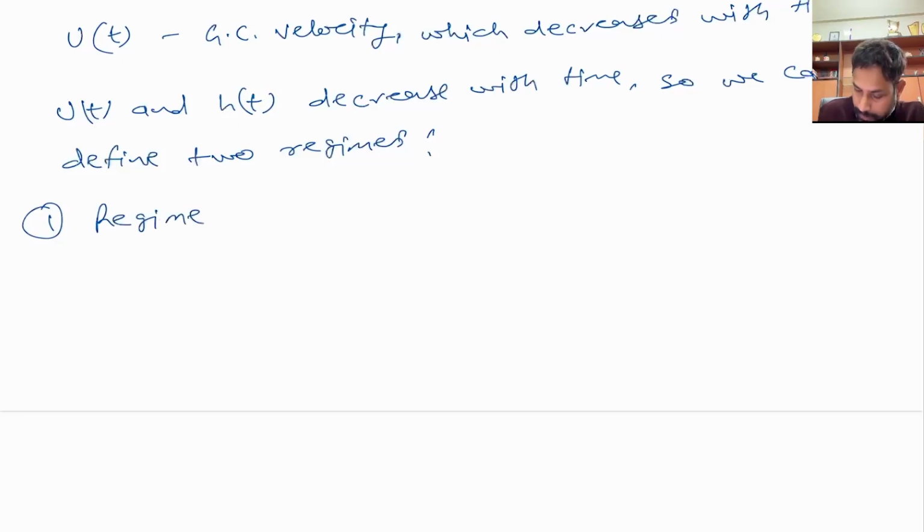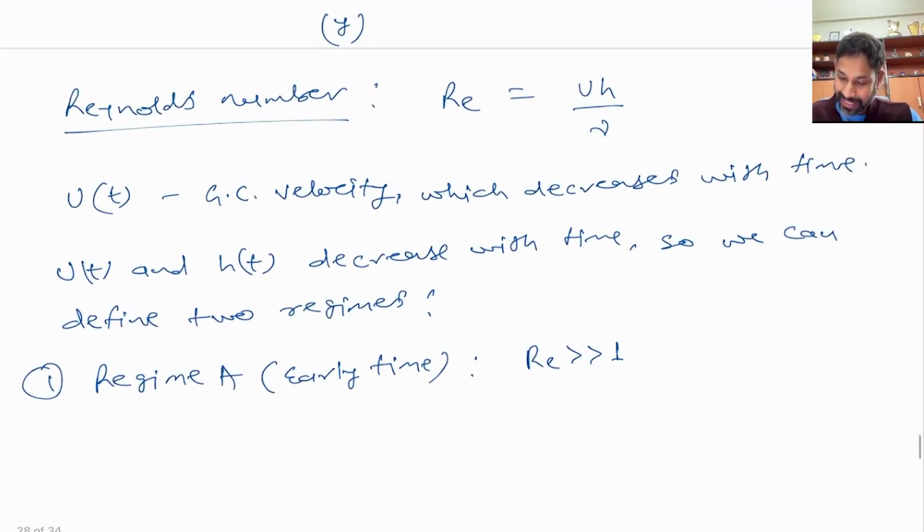Regime A, which is basically early time when your Reynolds number is much greater than 1. Okay, so in the early time when your height is large and also velocity is large, the Reynolds number in the very beginning will be very large.